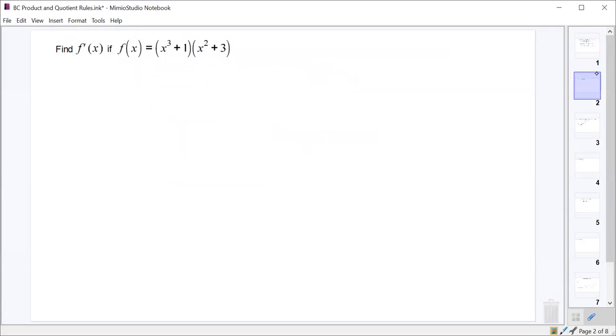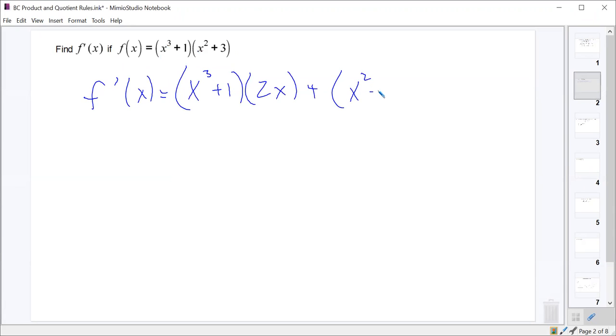Well, you don't have to, because we could distribute these through. But let's use the product rule to differentiate this. What should f prime of x be according to the product rule? It should be the first function times the derivative of the second function, which is 2x, good, plus the second function times the derivative of the first function.